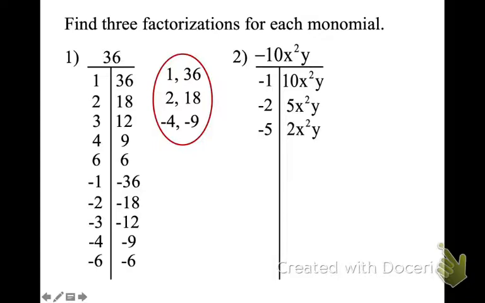I can do -10 times x squared y. I can do -1x times xy. So there's a number of different ways to break this. -2x times 5xy. Wouldn't that make 10x squared, right? -10x squared. I can do -5x, and so on.